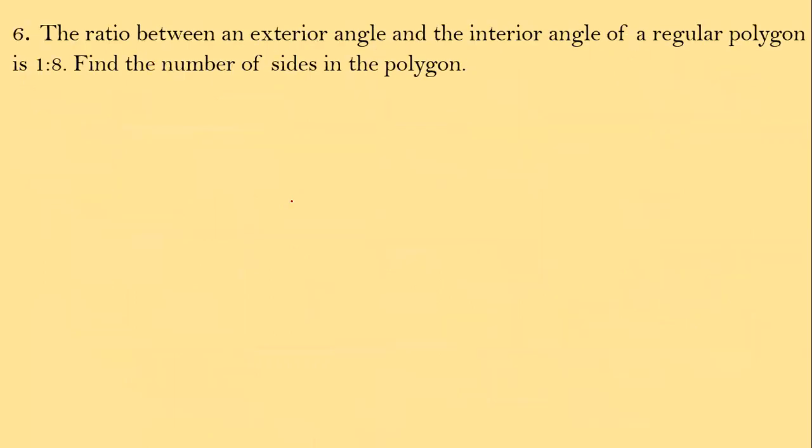Okay. So again, another question is coming: find the number of sides of a regular polygon, where the ratio between an exterior angle and an interior angle is given. So the ratio is already given to us. Let exterior by interior be equal to 1:8, given, and we actually have to find the number of sides of the polygon.